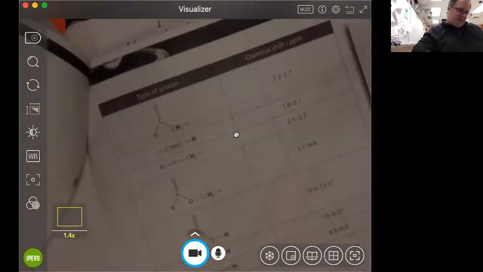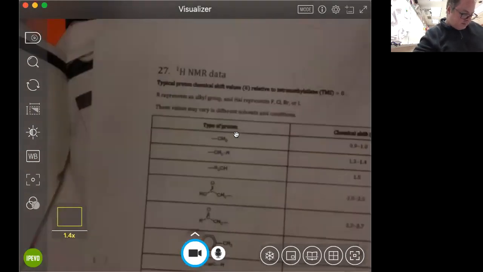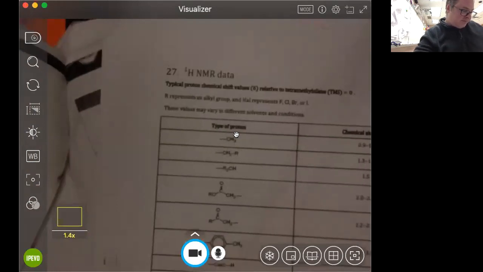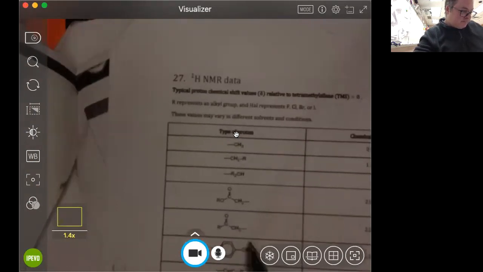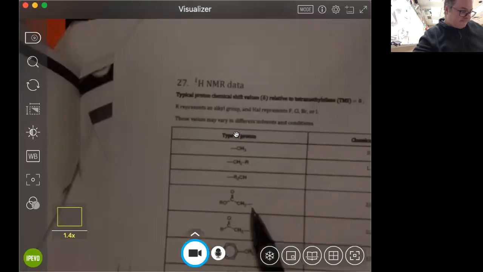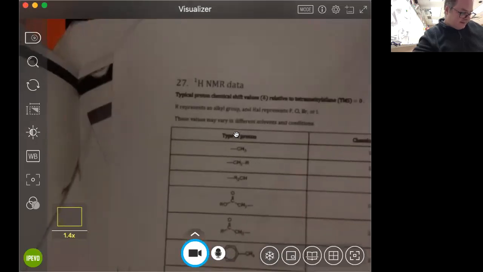Let's check here. Do they have a better H from an OH? Between 1 and 6. What did I put for the other one then? I put the CH2 connected to an OH. Well, they don't have a good listing for this.